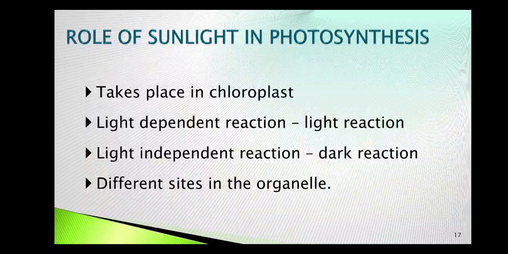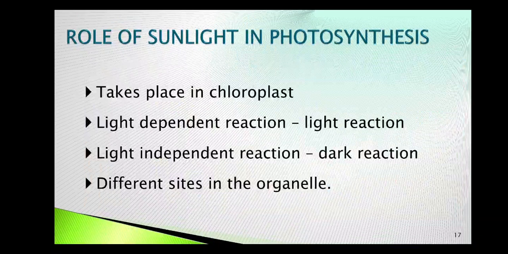How sunlight plays a major role in photosynthesis. Based on this, we have two important reactions that take place. One is the light dependent reaction, which is also called the light reaction, and the other one is the light independent reaction, which is called the dark reaction. We very well know that these two reactions take place only in the chloroplast.